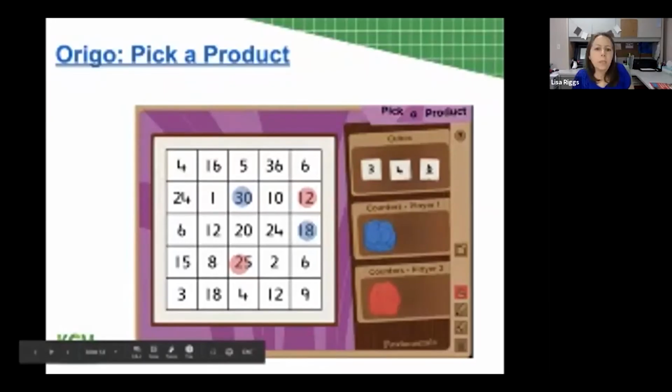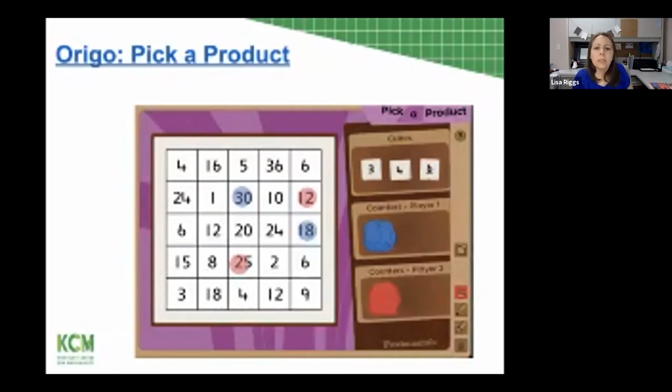It's pretty easy to figure that game out, so we don't have to play that one. But it is a nice way for kids to practice, because they do need to practice, and if you put things in a game setting, it just makes it more fun for kiddos.